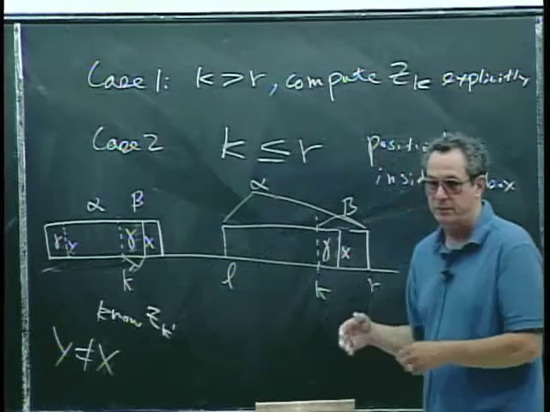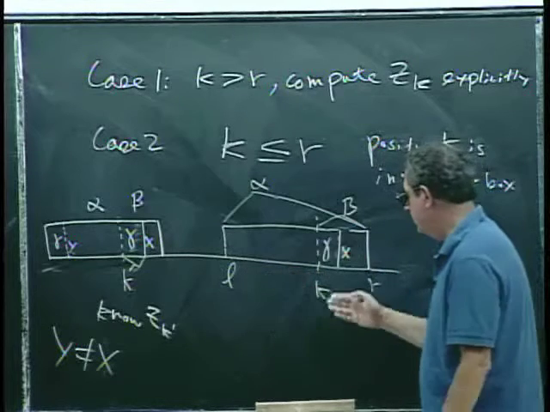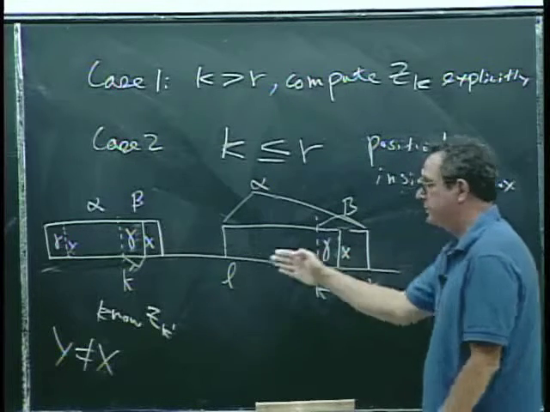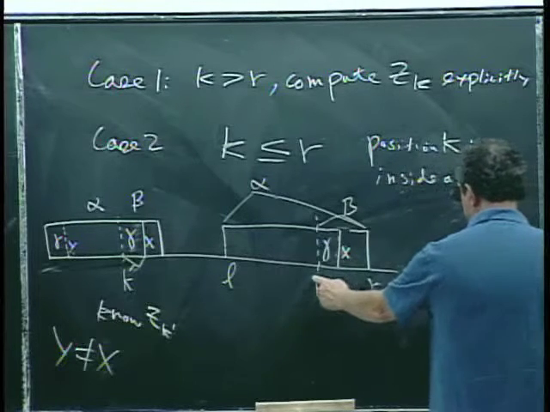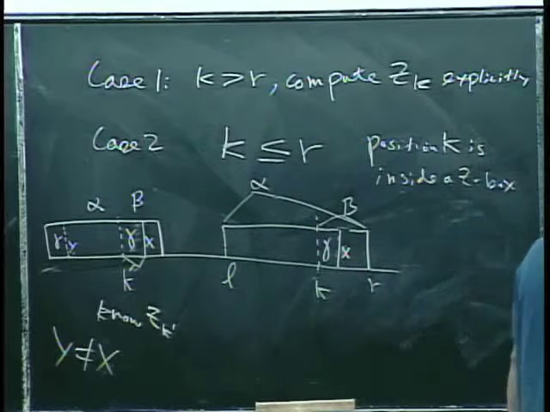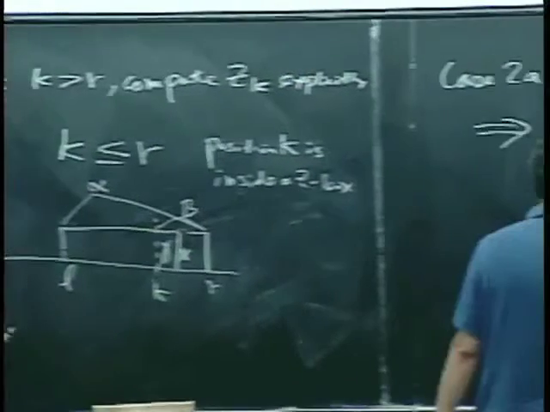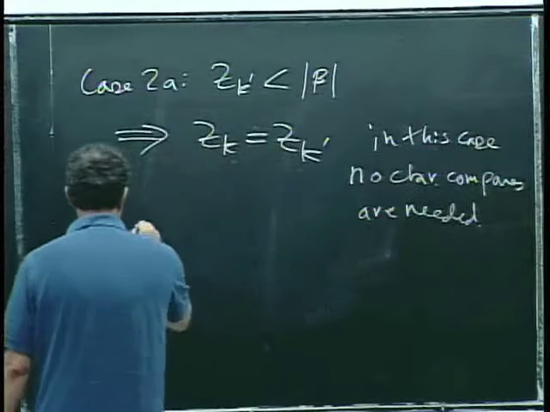But these aren't character comparisons, and that's clearly a constant amount of work unrelated to the length of the string. It's a constant that's done at each position where we're in case 2. So in this case, no character comparisons are needed.